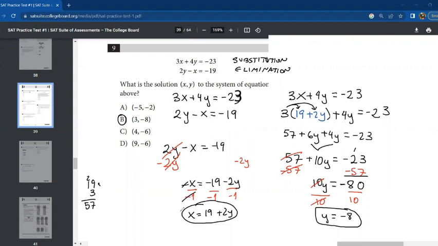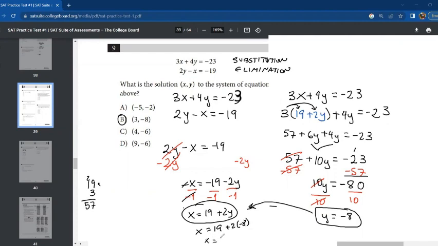But I'm going to solve it completely. We already know the answer. And now that we know that y is negative 8, I can substitute it here again. I have already solved this. So 19 plus 2 times negative 8.